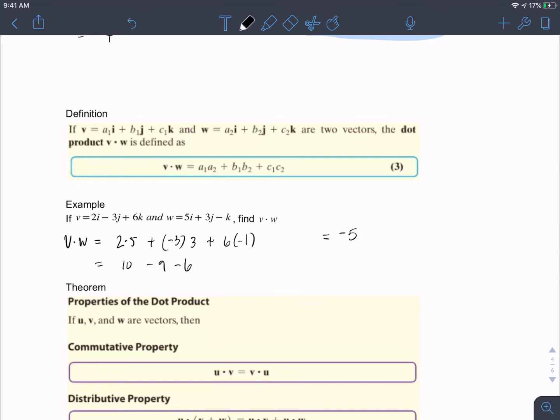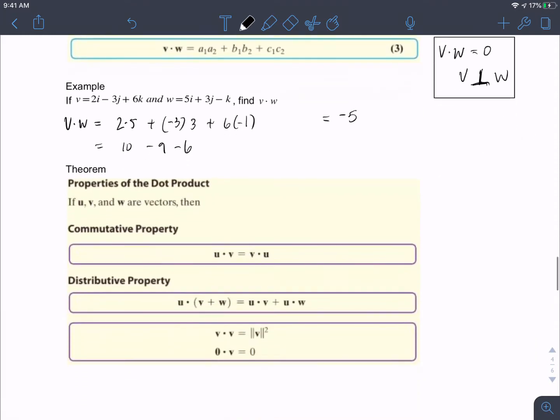Now, one important thing about the dot product that you should know and remember is that if the dot product is 0, we have orthogonal vectors. And orthogonal means they're perpendicular. So if v dot w is equal to 0, v is perpendicular to w. That's something that is important to remember and know. It should be useful.